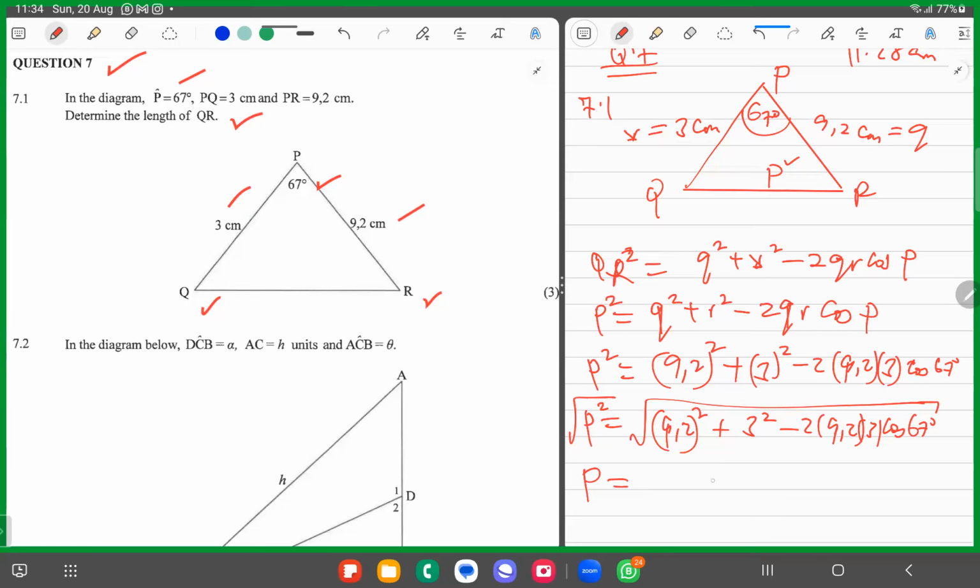Use a calculator, and it will tell you that P is approximately 8,49 centimeters. That's the answer. We're done. We used the cosine rule.